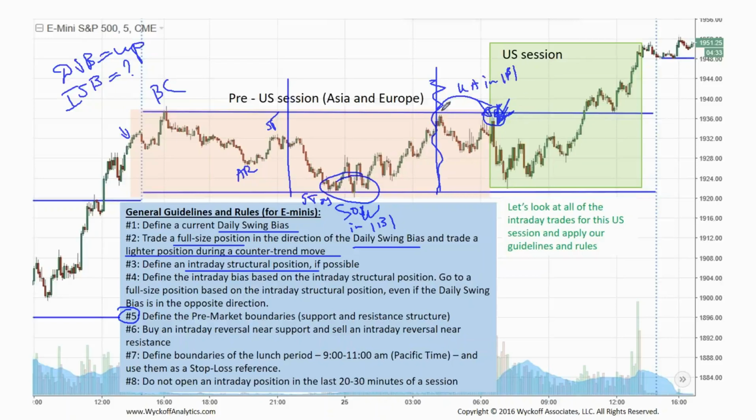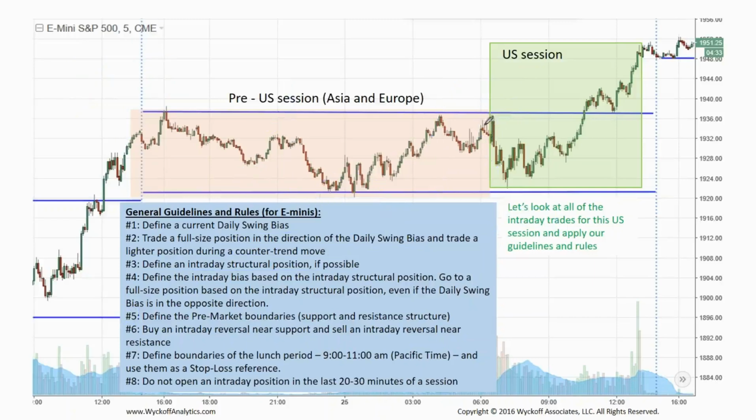And therefore, any attempts to go down will be to go down into potential phase C. So structurally, we know that we might have a move to the downside into phase C. Therefore, our intraday structural bias is down at this point at the opening of the U.S. session, and we might take the trade to the downside as a full size position instead of going somewhat lighter.